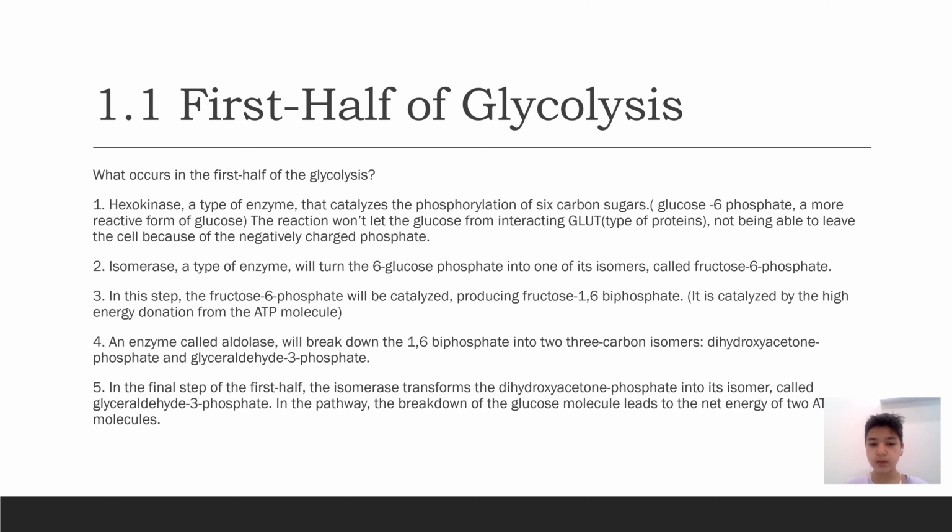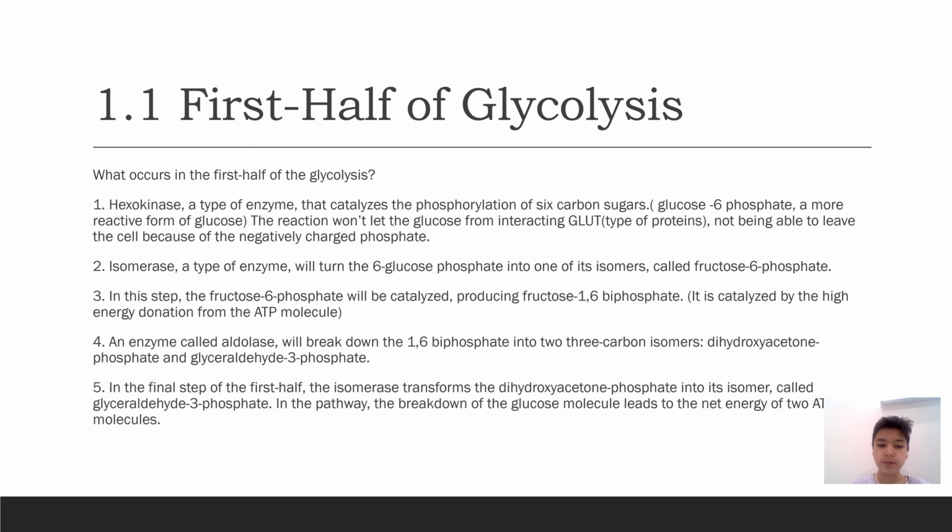This reaction is not going to let the glucose interact with GLUT, a protein, because of its negatively charged phosphates. That's the simple definition of step 1. So let's get to step 2.